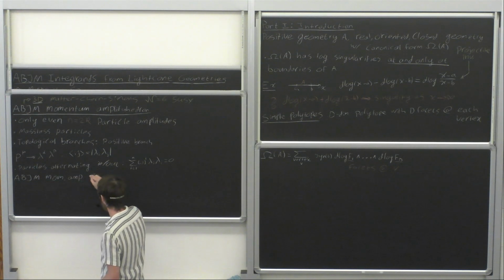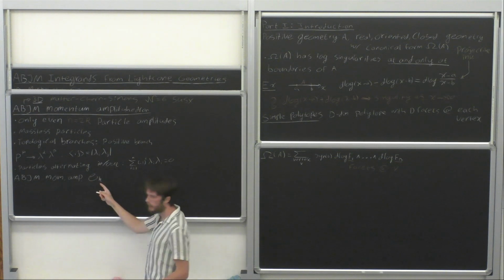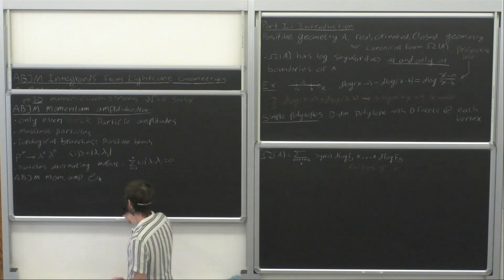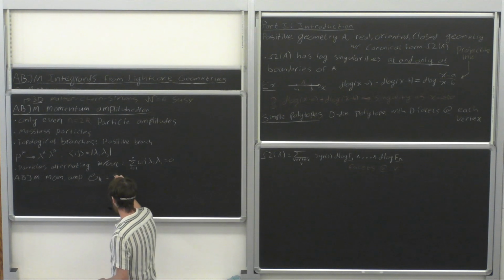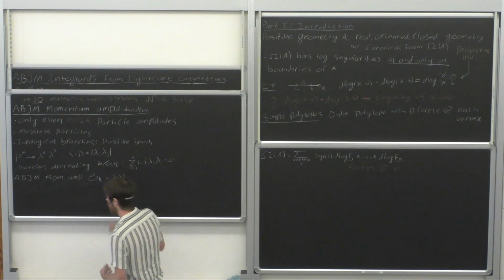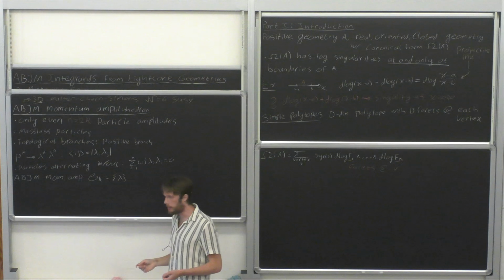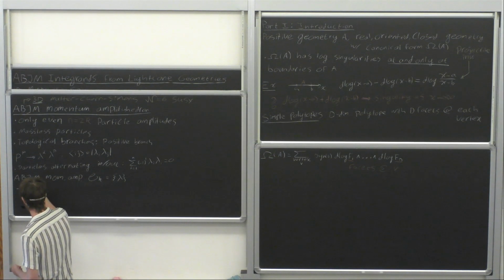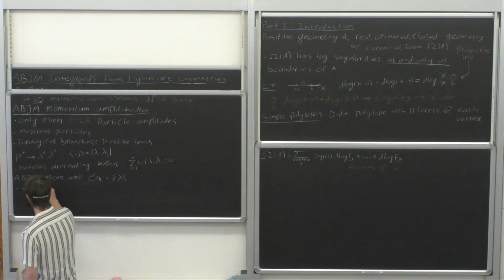Which I will denote O_k. The subscript k is the number of particles divided by 2, which is a collection of points in 3D spinor helicity space which satisfies, first of all, that the brackets i, i plus 1 are positive.